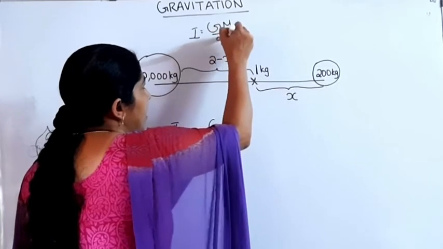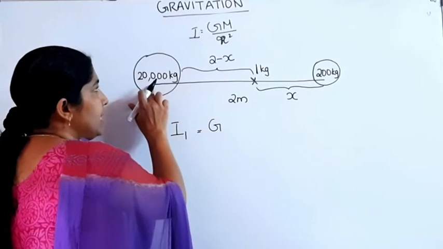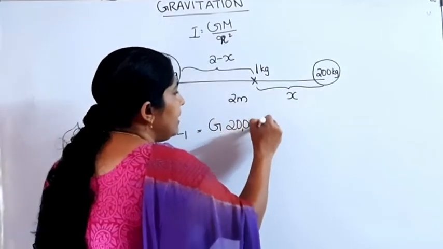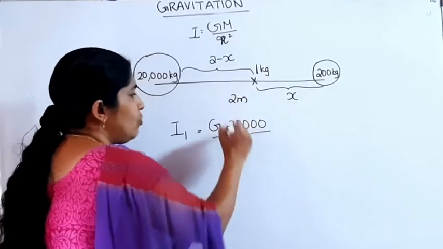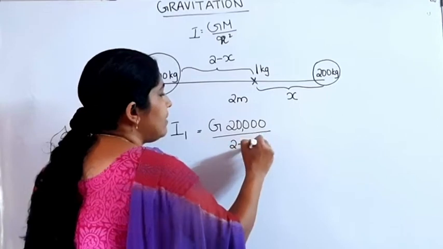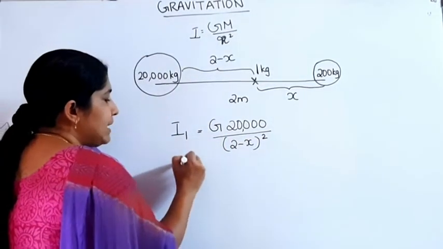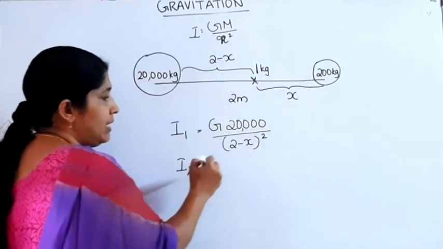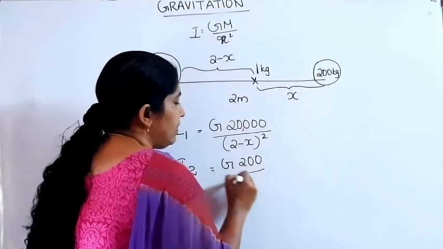Here G into M, where M is equal to 20,000, into 1 kg, divided by the distance 2 minus x the whole square. What about I2? The intensity at this point due to 200 kg is equal to G into 200 divided by x square.